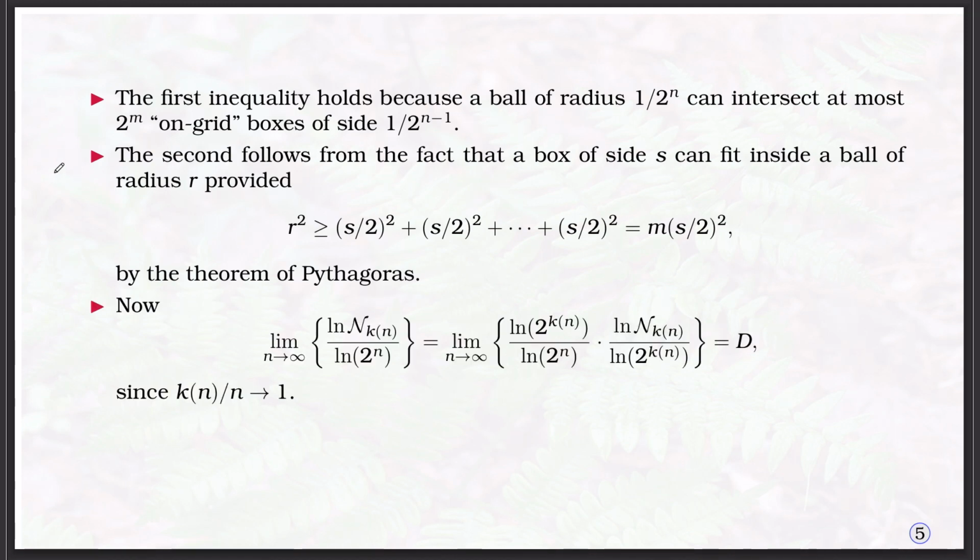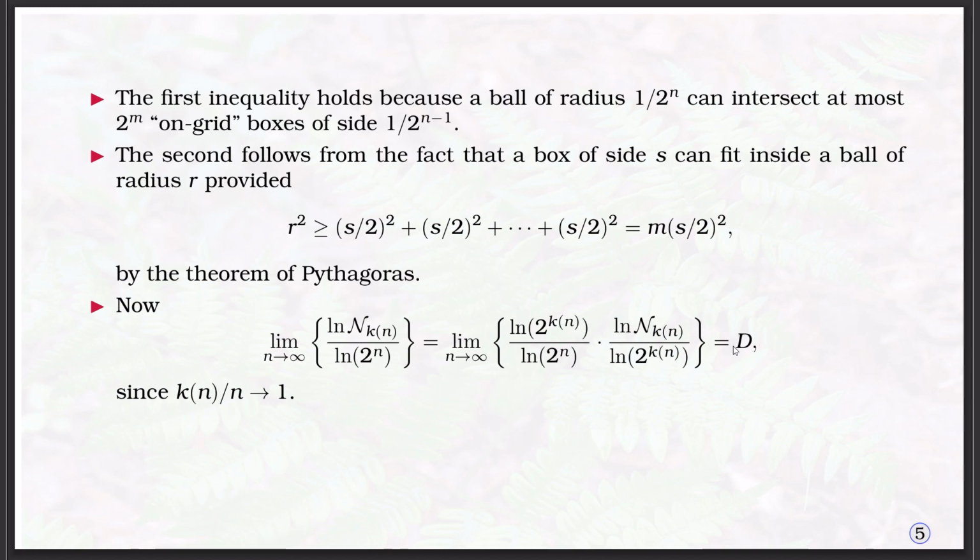Now, take the limit as n tends to infinity. First, we can find the limit of ln N of k of n over ln 2 power n, which is equal to ln N of k of n over ln 2 power k of n times this quantity. Since k of n over n tends to 1, this is nothing but d.